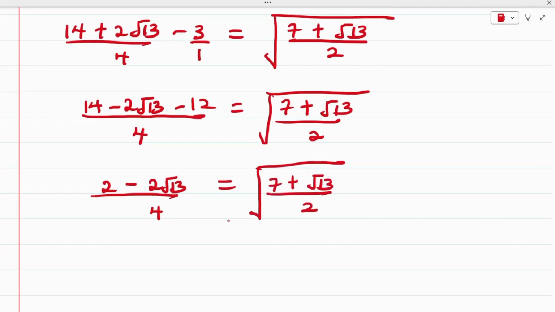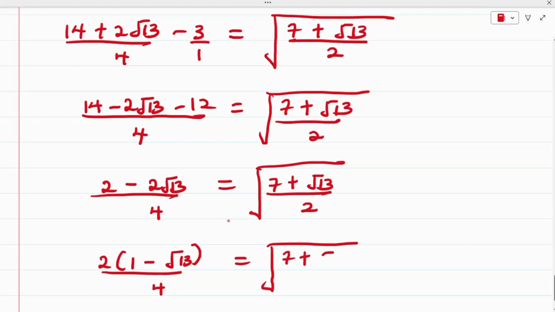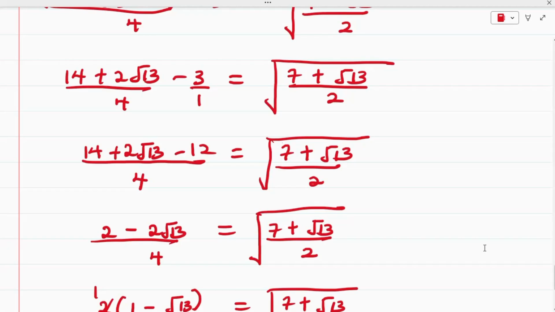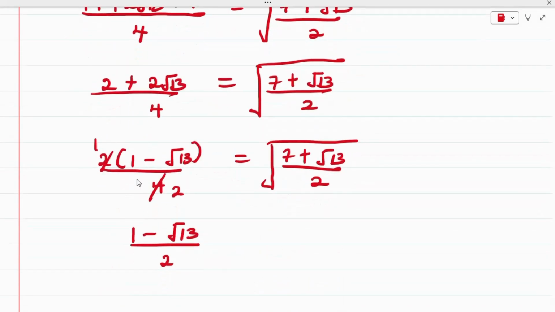So factoring out 2, this is going to become 2 times 1 plus root 13 over 4, is equal to the square root of 7 plus root 13 over 2. And this is going to become 2 here, 1, 2 here, 2. So we are having 1 plus root 13 over 2, right? So this is going to be a positive sign. Sorry about that, it's supposed to be positive and not negative.